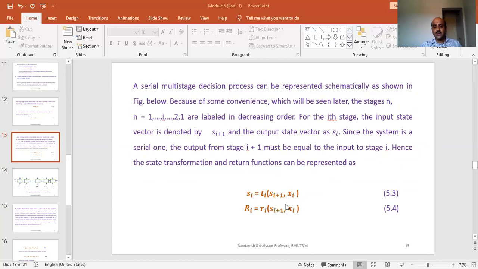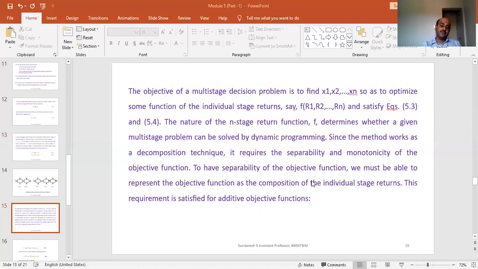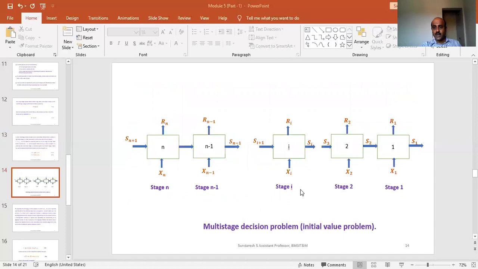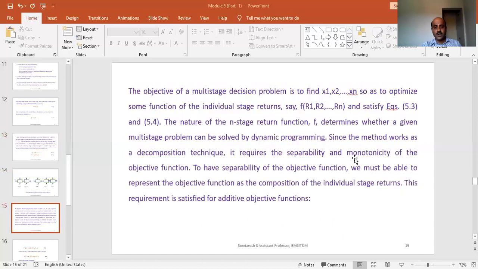This is just for the ith stage: the input will be Si plus 1 and the decision variable will be Xi, and the return function also depends on Si plus 1 and Xi. The main objective is to find these decision variables x1, x2, xi, xn. This is what we are supposed to determine in our dynamic programming problem.